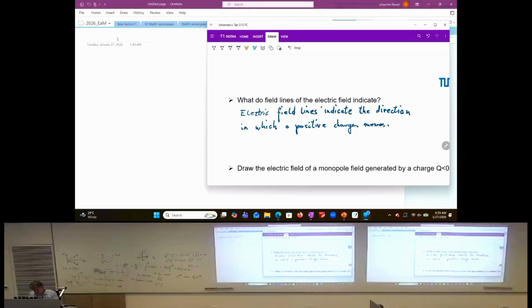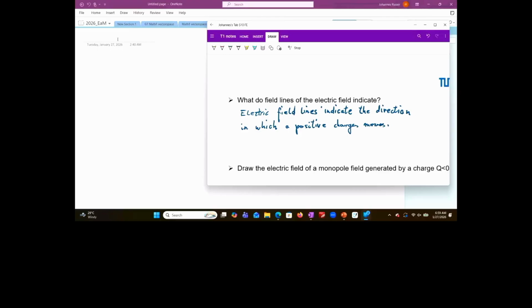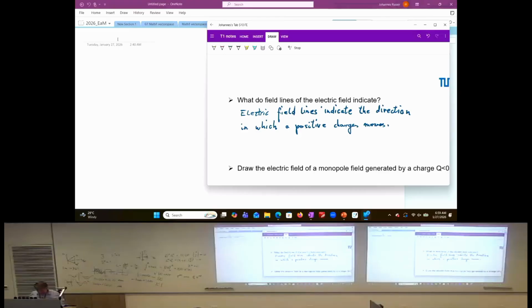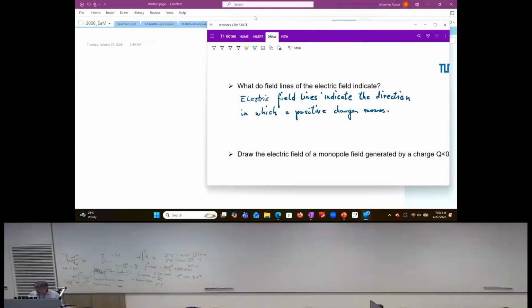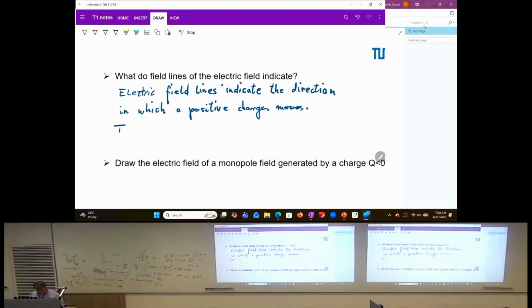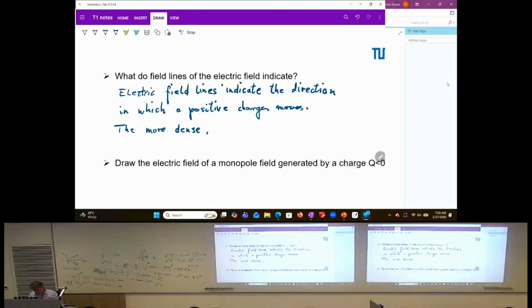So it moves in this direction if you put it in the electric field, and if you don't fix it in any way, that's where the force will be acting, and this is the direction in which it will push or pull the charge. Also, the way we plot it, the more dense, the stronger the electric field.